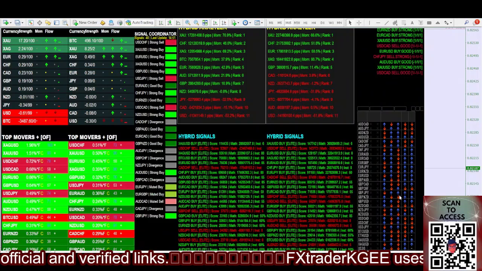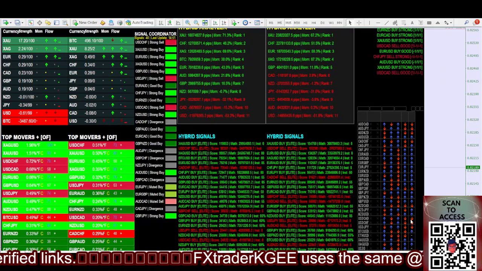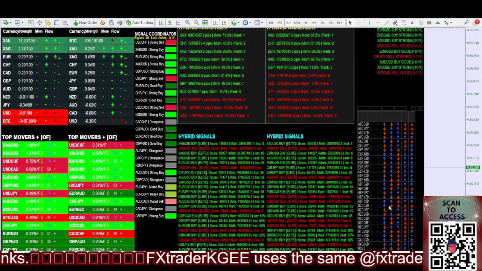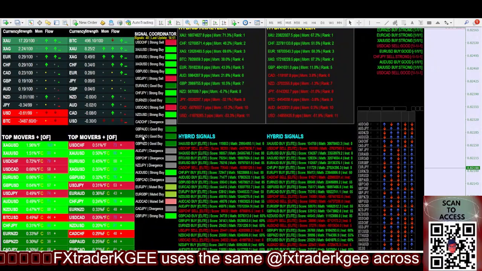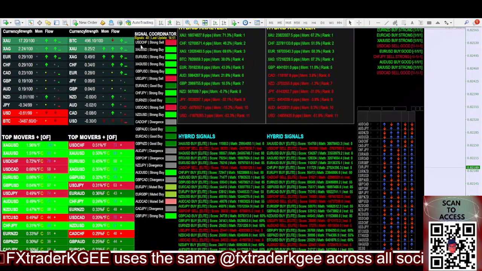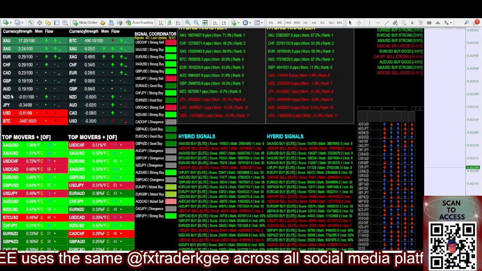And the last one, New Zealand Canadian dollar is a sell, right? Do we have it here? It's not here yet, but definitely it's going to be.